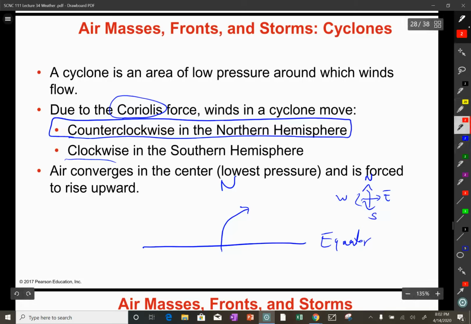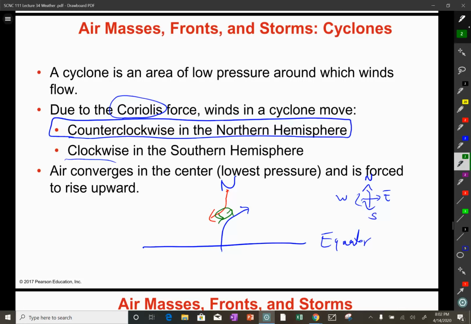And the opposite holds true. If you were to throw something in the northern hemisphere toward the equator, it would deviate that way. And so the result of that deviation is what makes the cyclonic storm, so that ultimately you're going to have air rotating here in a counterclockwise direction because of the air rushing toward the center.